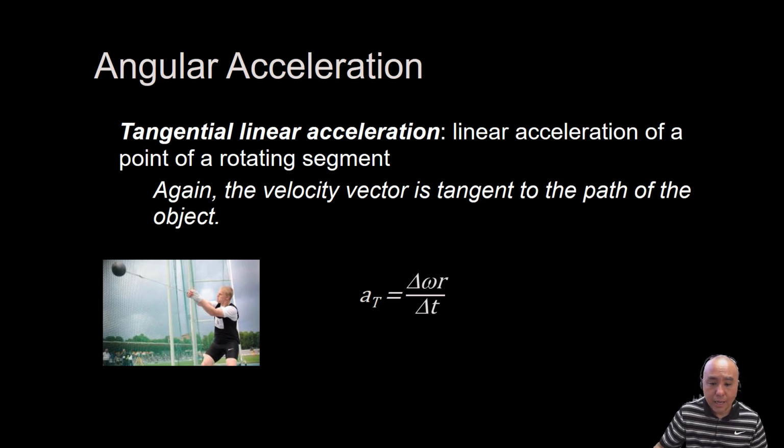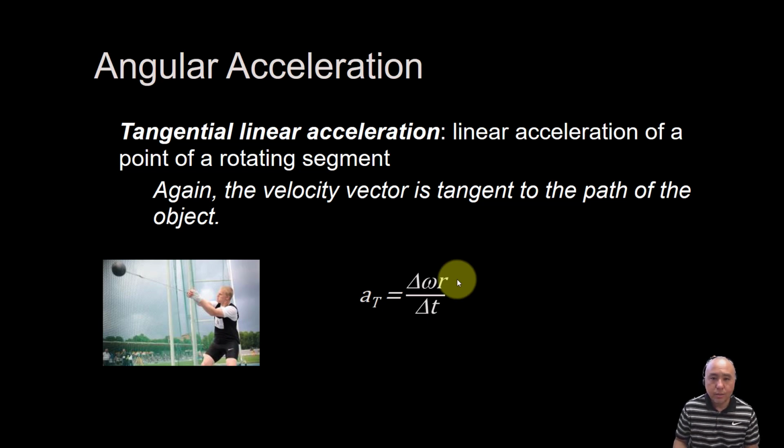It is calculated from this equation here, which is the change in tangential linear velocity over time. So you notice here that it is only going to change if the magnitude of the angular velocity changes. Again, that is the velocity vector that is directly tangent to the path of the object.